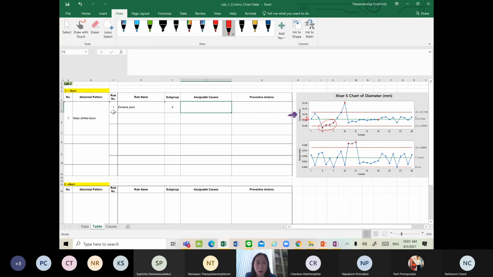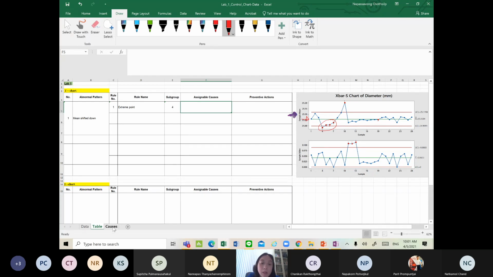And assignable causes. Okay, so now I require you to think about the possible causes of this pattern. What can make the mean of the process shift down or reduce significantly?